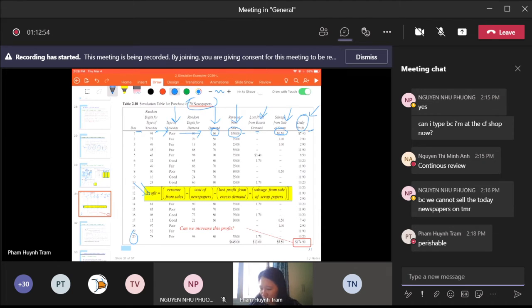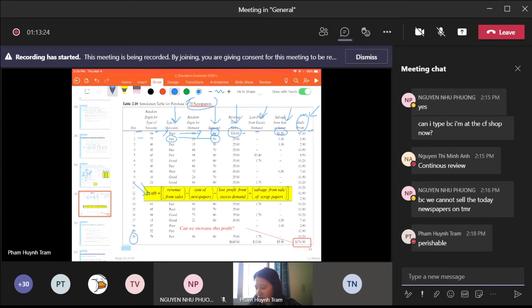Okay, now let's try one more day, day two. We generate a random digit and we get that day two is a fair day, and we get another random digit for demand on a fair day, and the demand on day two is 50. Our policy is fixed: we fix it at 70 newspapers. So on day two we own 70 newspapers, and this time the demand is only 50.